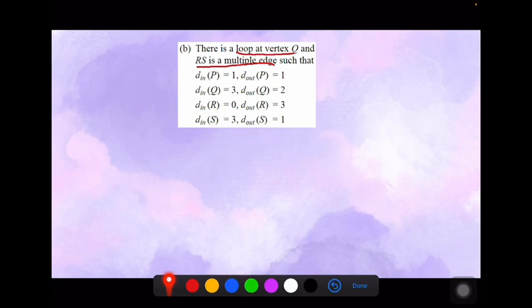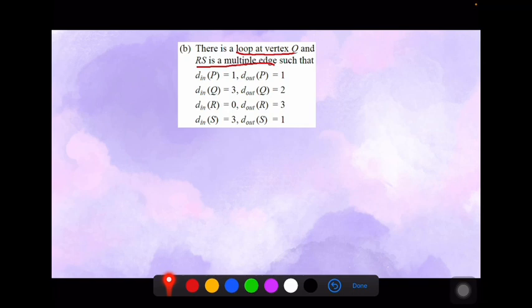So how do we draw the directed graph with a loop and multiple edges based on the information given? We just follow all the steps here.